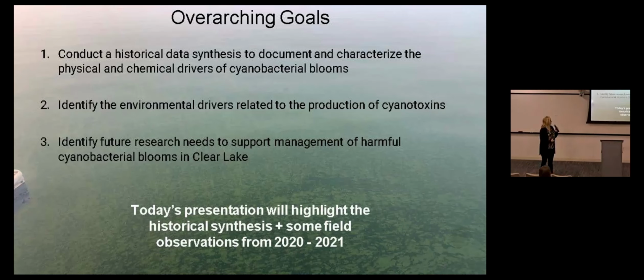And then we wanted to look at that data in relation to some of our more recent information on cyanobacterial harmful algal blooms and see if we could figure out any historical changes in the lake, and then pair that with some more recent environmental observations within the lake. So I'll highlight a little bit of the historical synthesis as well as some of the ongoing cyanoHAB work that we're doing in this system.